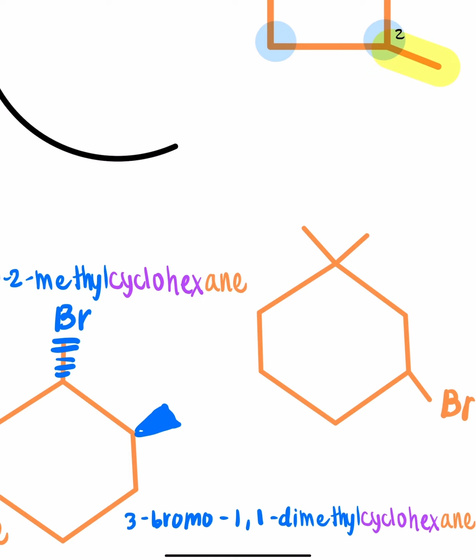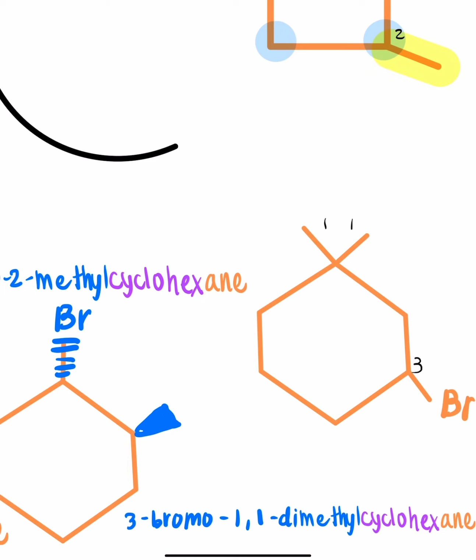Because you want to give not only the lowest number to the substituents. So if I do 1, 1, 2 substituents get the lower number, right? Because you want them to have the lowest number possible. So it's going to be 1, 1, and this is 3.